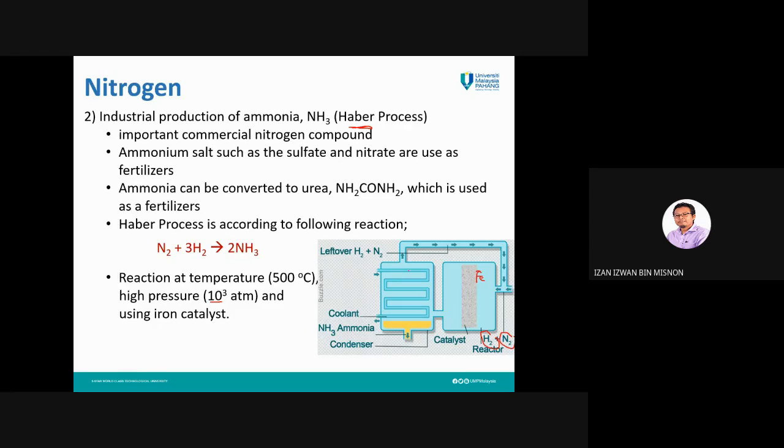So it will be condensed and collected at the bottom of the condenser. So ammonia will be collected in liquid form. And then the unreacted nitrogen and hydrogen from the first reaction will be circulated again to the chamber and used again as a feedstock for ammonia production. So that's how ammonia is produced using the Haber process in industry.